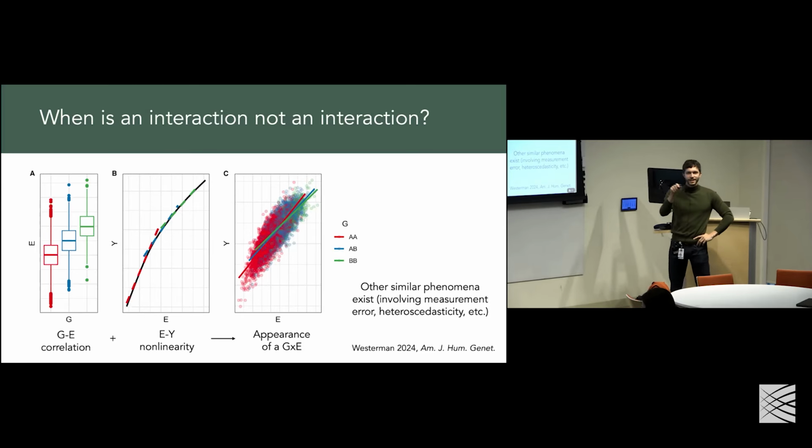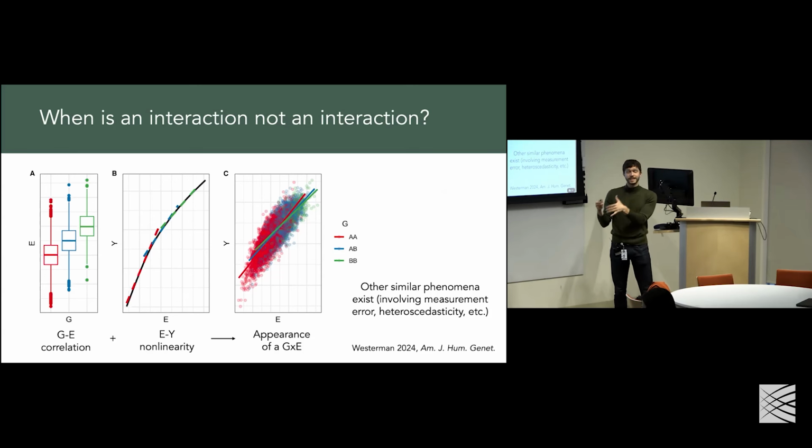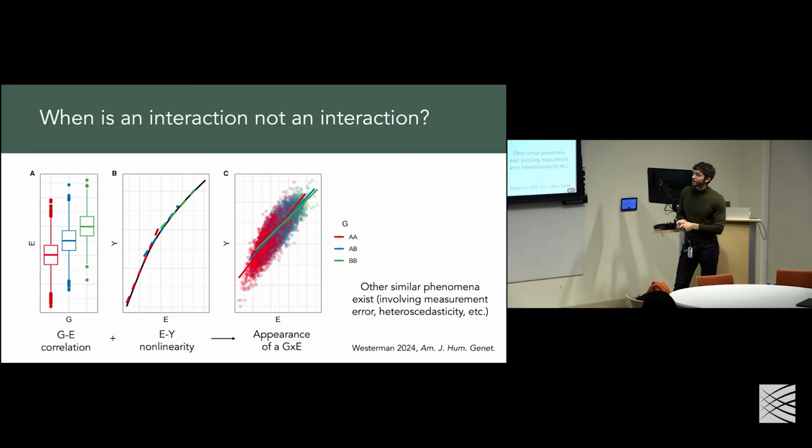And so we were cataloging a series of what we ended up calling phenomena, where, what are the mechanisms that can lead to the ability to detect a statistical G/E? And this was one of them, just to give you a flavor. Here, if we have correlation between a gene and an environment, or genetic variant and an environment, combined with nonlinearity in the relationship between that environment and some continuous risk factor, or nonlinearity even comes baked into binary outcomes.